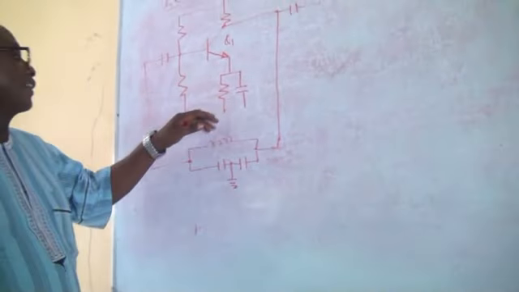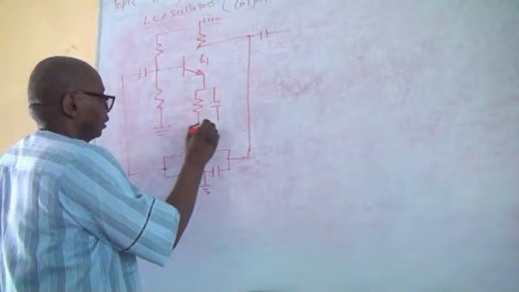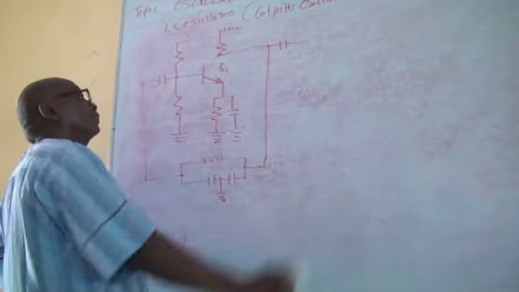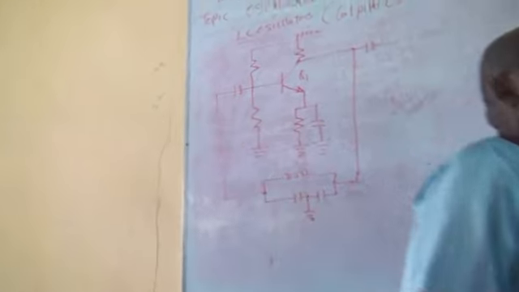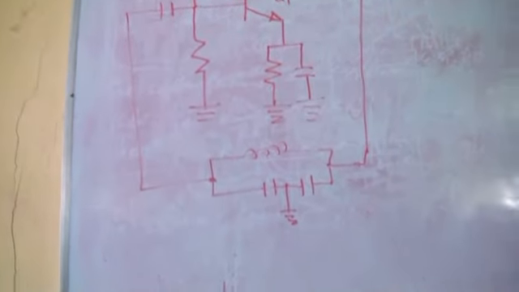So, this is the diagram of a Colpitts oscillator. The oscillator is using a transistor, right?